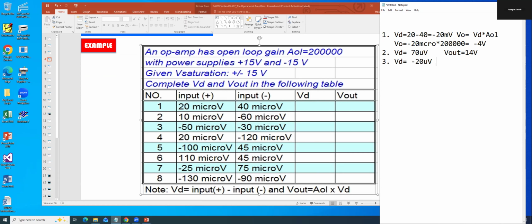So minus 20 is VD. Is it minus 4 volts or what?